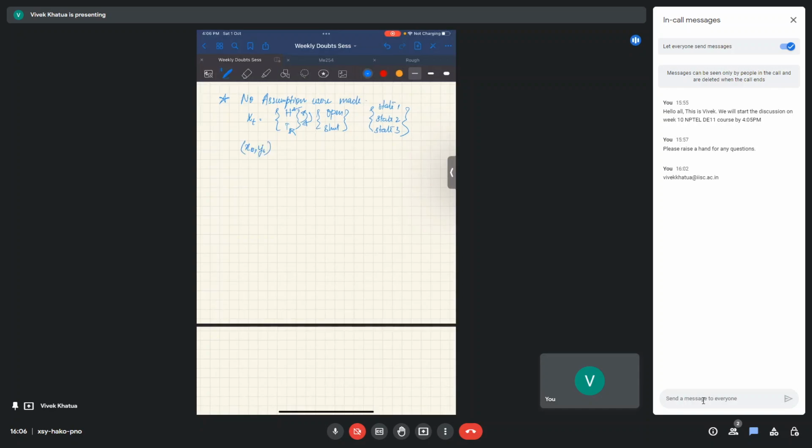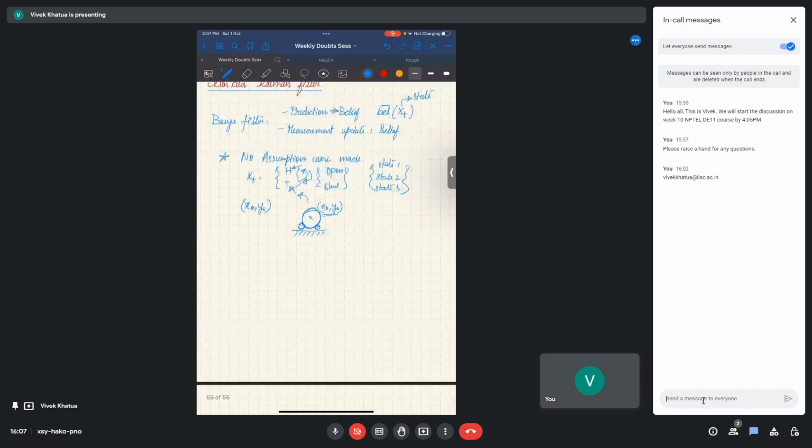Let's take a robot: its position is x naught y naught, in a domain, in a space. Because of this, we cannot have a probability state like heads or tails.